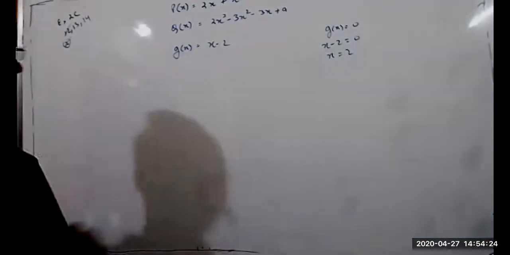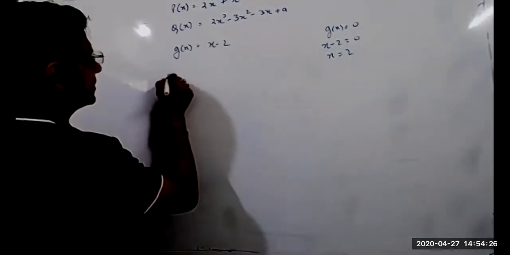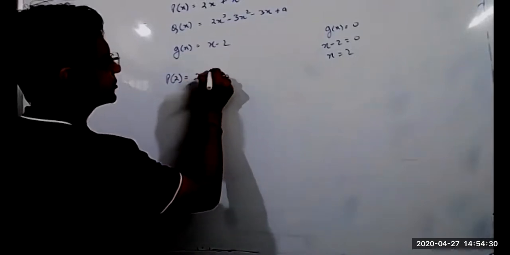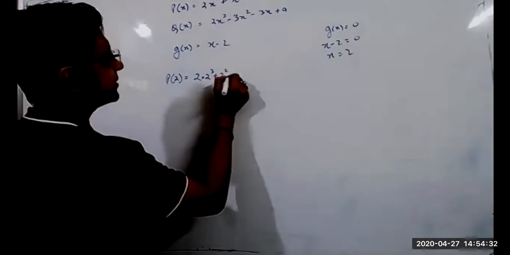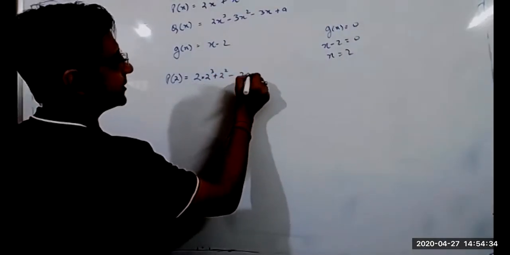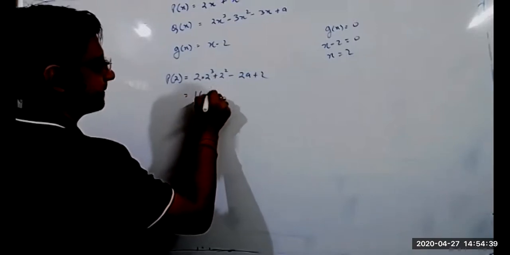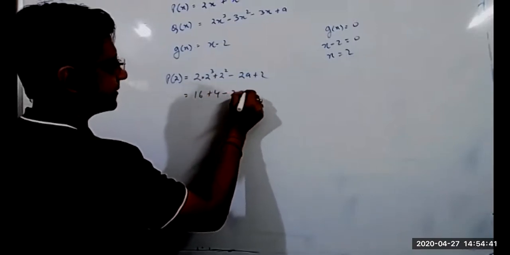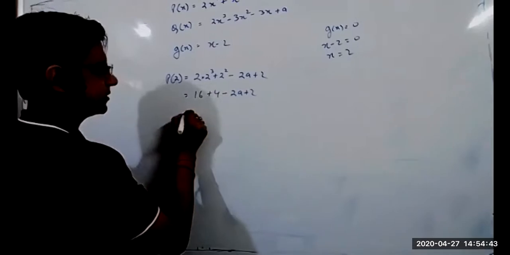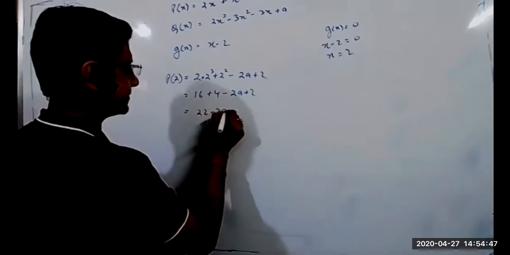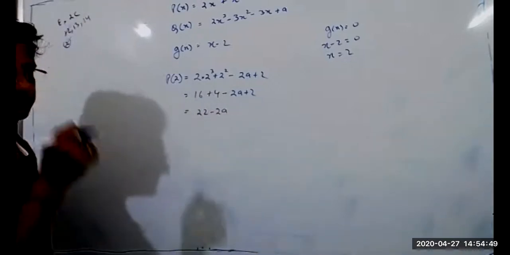Now replace in p(x): 2 into 2 cube plus 2 square minus 2a plus 2. 16 plus 4 minus 2a plus 2, 20 plus 2, 22 minus 2a. This is its remainder.